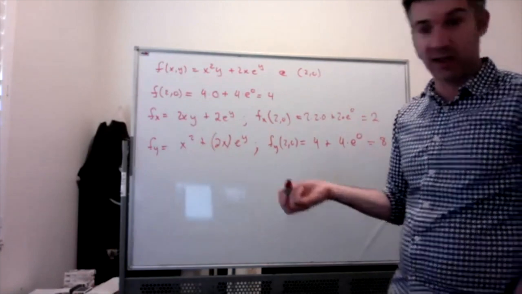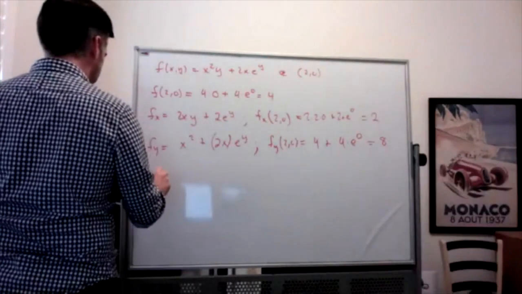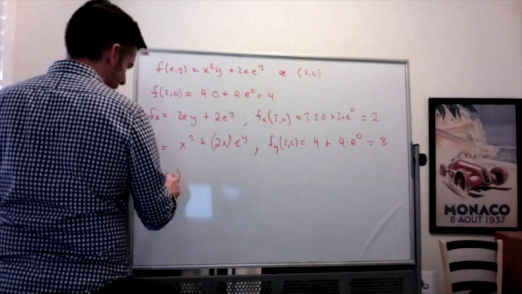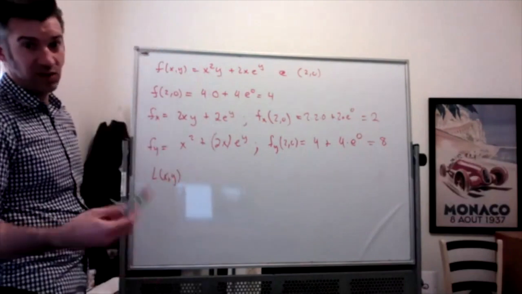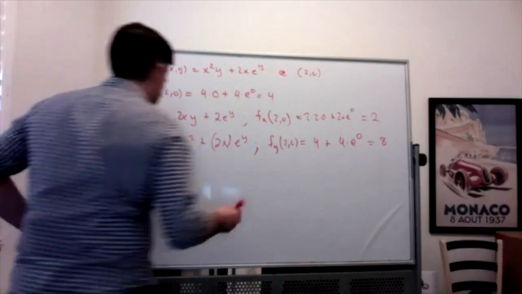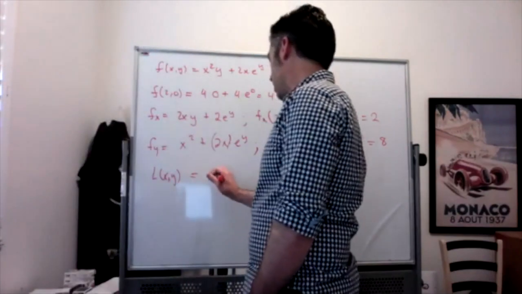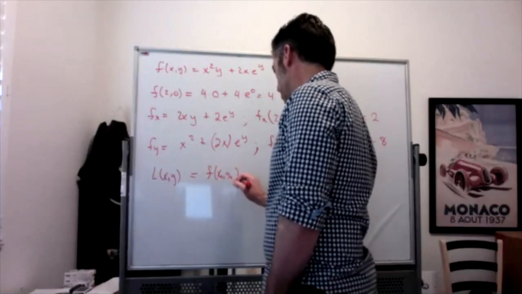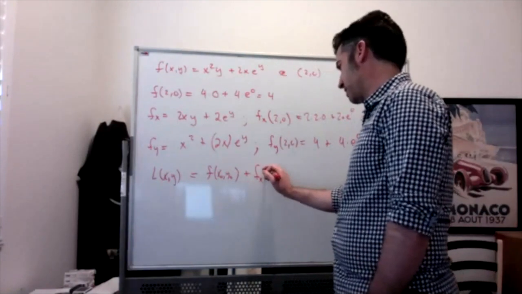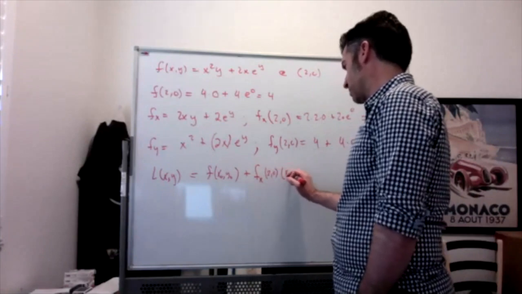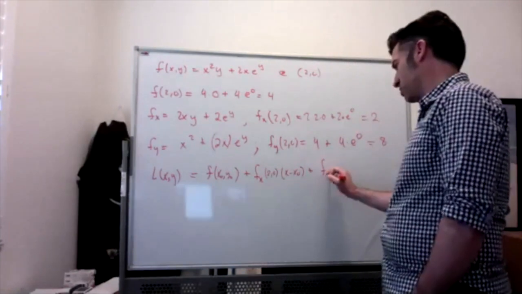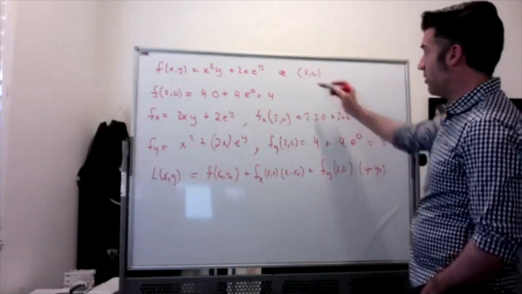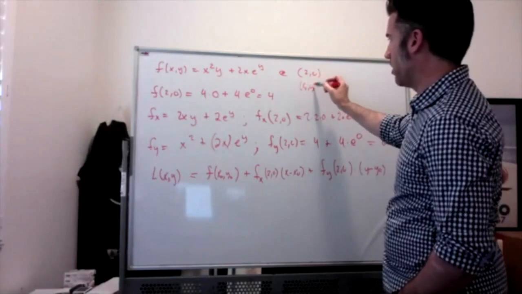Right, so now we throw everything into the big formula. The big formula being that your linearization, so you can either use L of x y if it's a linearization, or you can use z if it's a tangent plane. It really is going to be f of x naught y naught plus the partial with respect to x at 2, 0 times x minus x naught plus the partial with respect to y at 2, 0 times y minus y naught, where this is your x naught y naught.